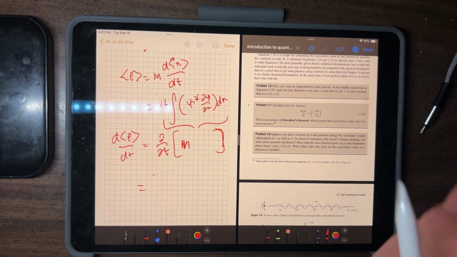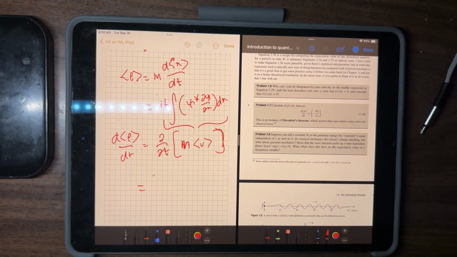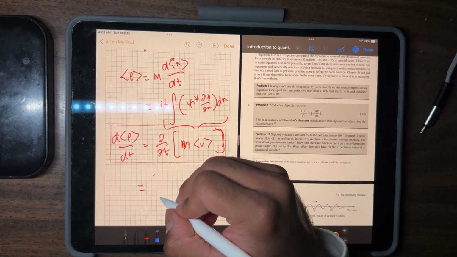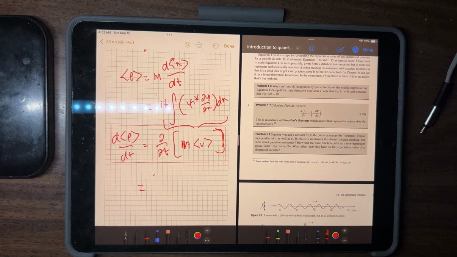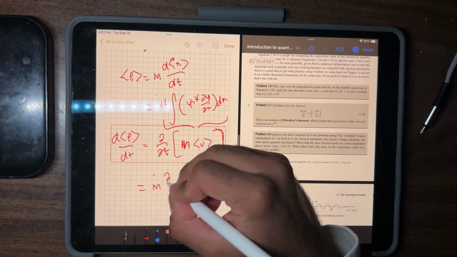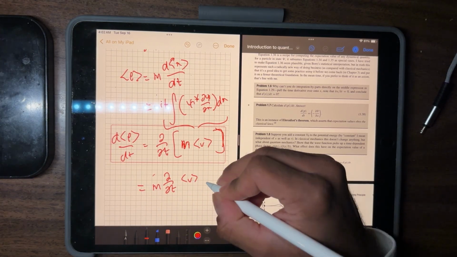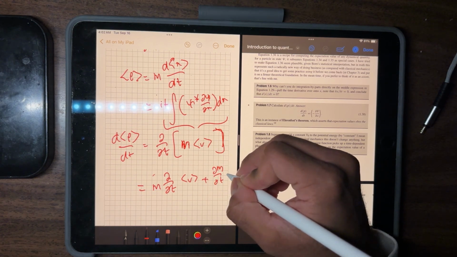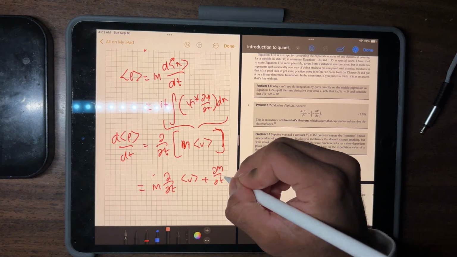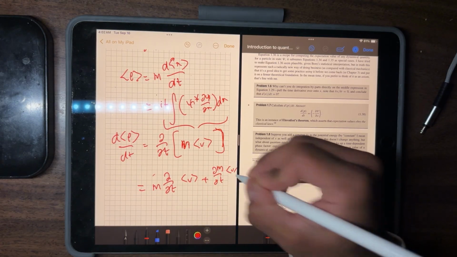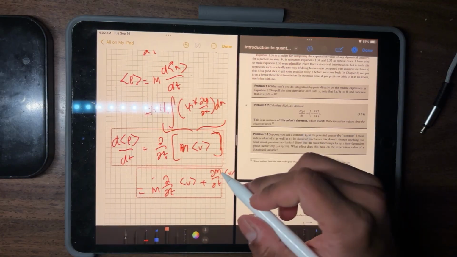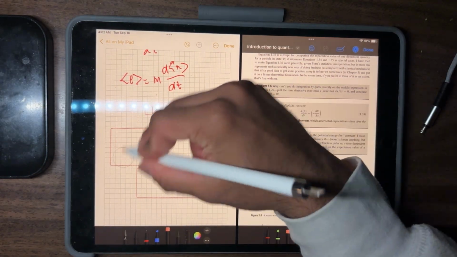Let's try m del v. If I have m curl by curl t of del v plus curl m by curl t expectation value of v, and it doesn't work like that. Surely there is a way.